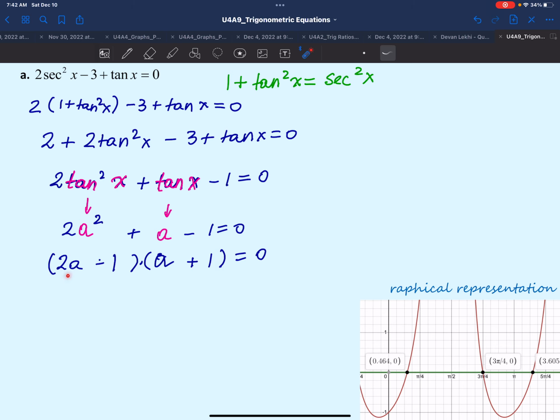So double check, 2a squared plus 2a minus a will give the plus a, and then minus 1 times positive 1 is negative 1. Now this product will be equal to 0 if either factor is 0. So that means a must be half or negative 1.